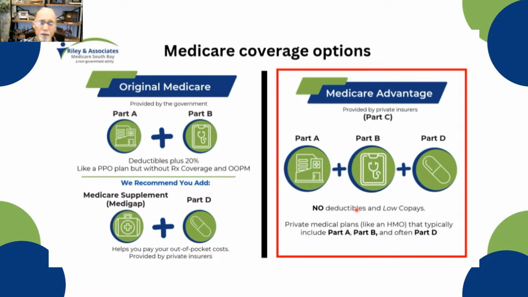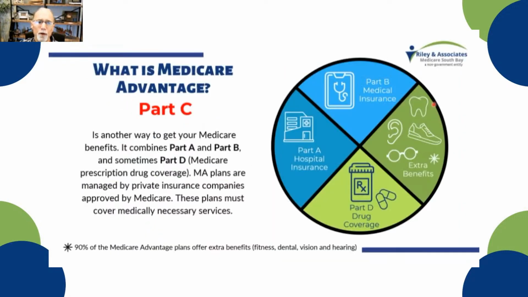Depending on the plan, some do have a premium, but most do not. And they're also going to provide extra benefits like dental and vision. So you wouldn't have to buy those here if you went with an HMO Advantage plan. And a gym membership and some other things. So let's take a look at those. So it's going to cover Part A, Part B. It's going to include drugs, and it's going to cover these extra benefits like dental, vision, hearing, gym membership. Okay. All right. Let's move on.